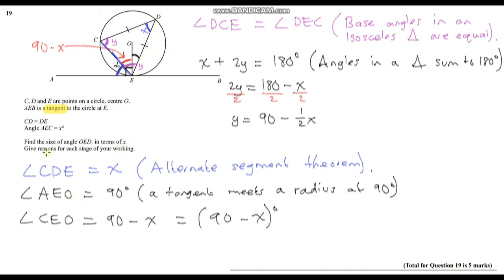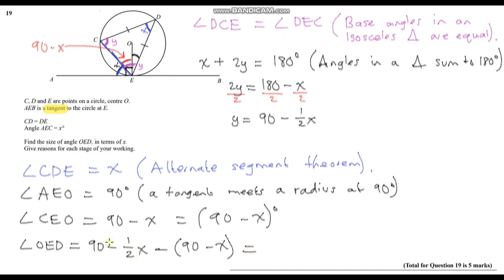So angle OED, what we're after, is equal to the purple angle, which is y, this angle, 90 minus a half x. And we're going to take away the red angle, which is 90 minus x. I'll put it in brackets because we're taking away the whole thing. We're taking away 90 and we're taking away negative x.